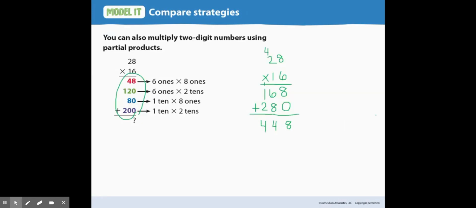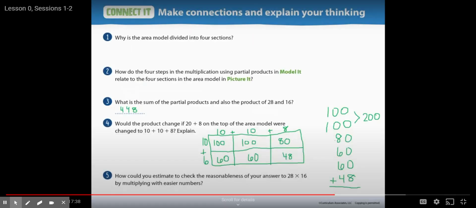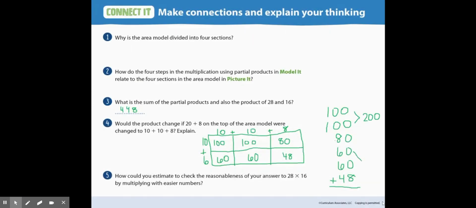We look back, yep, there's 200. And 60 plus 60 is 120. And then 80, we can keep 80 just the same because there's only one of them. And we're going to keep 48 because there's only one of those.